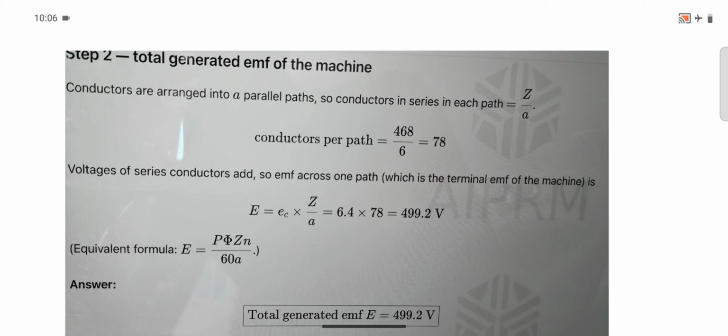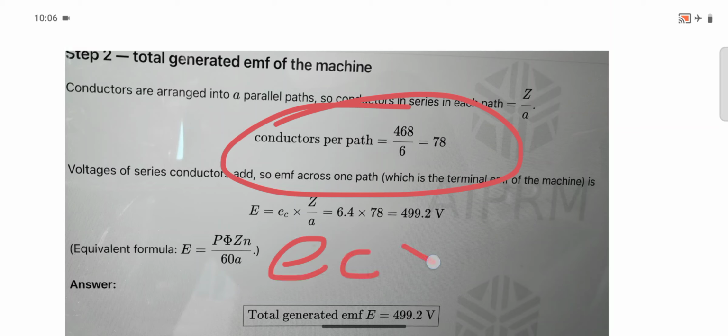Now voltage of series conductors we will get by adding. So first we calculate EMF across one path. It will be EMF per conductor multiplied by the number of conductors per path.